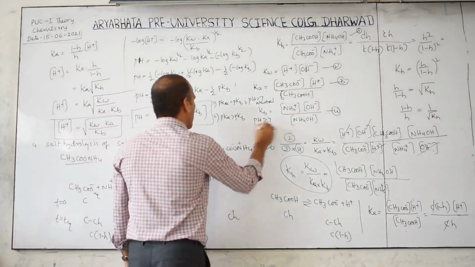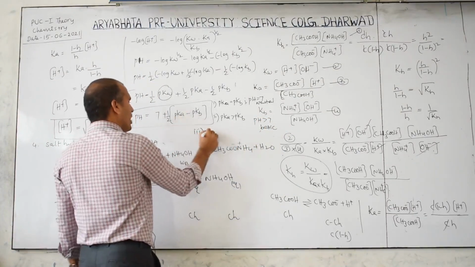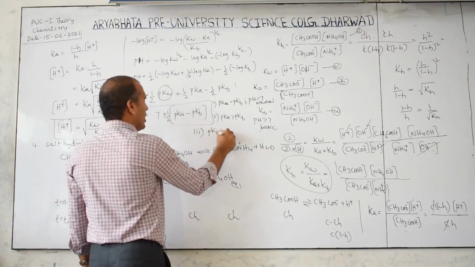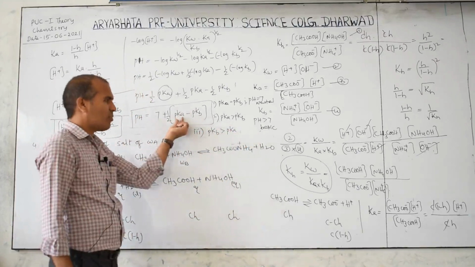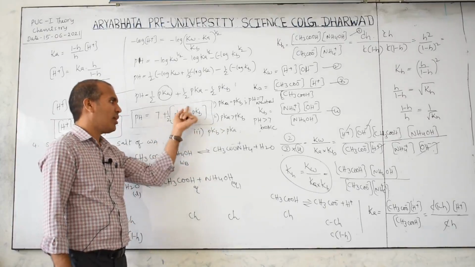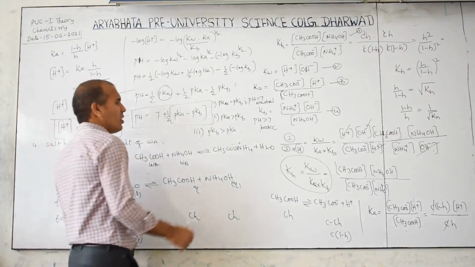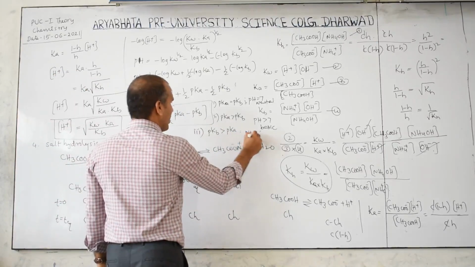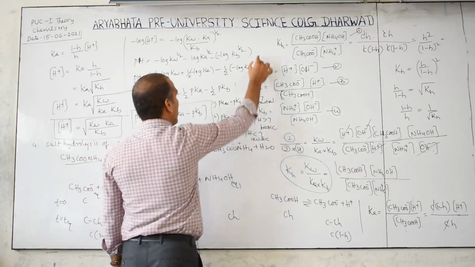Third condition, pKb is greater and pKa is lower. Then when you subtract something from pKa with this negative sign, you get a negative sign within the bracket. 7 minus some negative value will give less than 7, therefore pH is less than 7, that is acidic. So these are very important conditions.